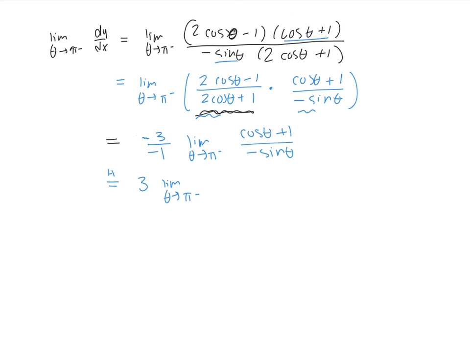And the derivative of cosine is negative sine. The derivative of sine is cosine, so negative cosine. Now we input pi and we get 3 times negative 0 over negative 1, which is 0. So that means at theta equals pi, the tangent is horizontal.